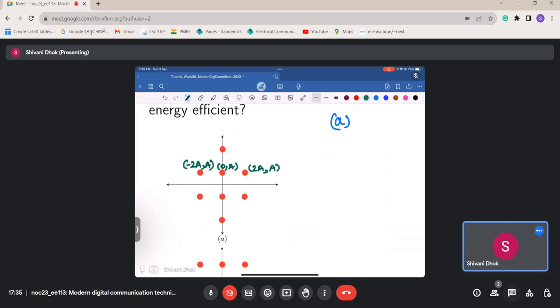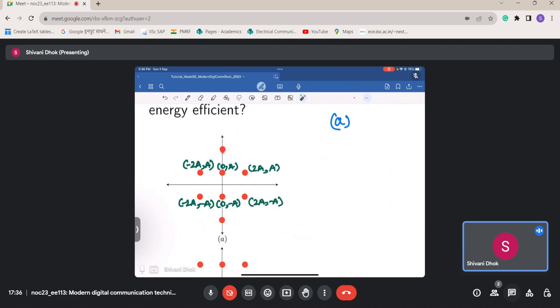Now let us do these ones. These are just flipped, that is, instead of a I will be having minus a. So this is minus 2a comma minus a. This is 0 comma minus a, and this is 2a comma minus a. Now let us look at this point.